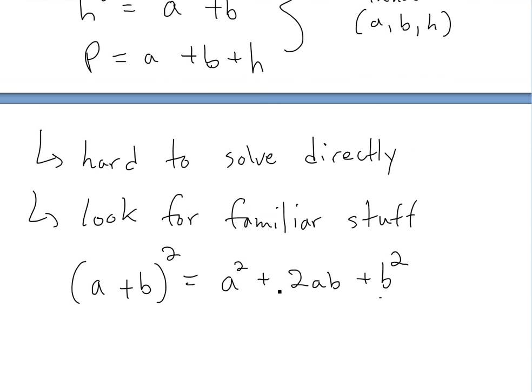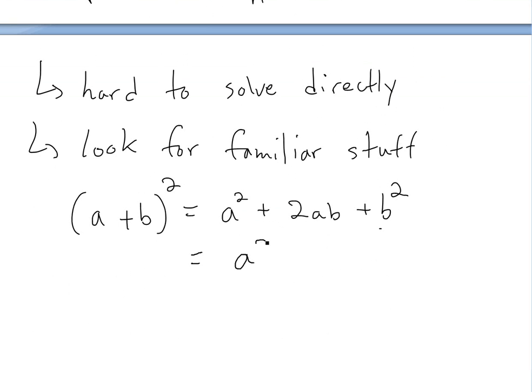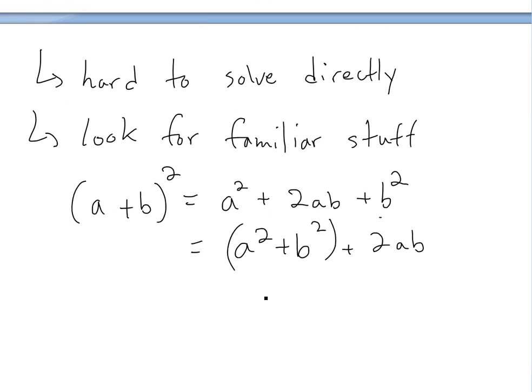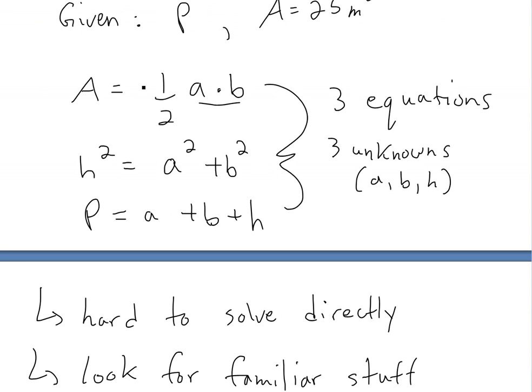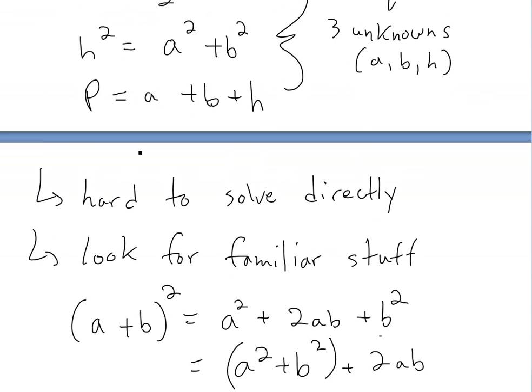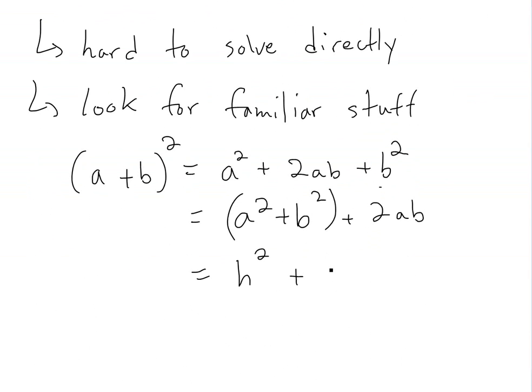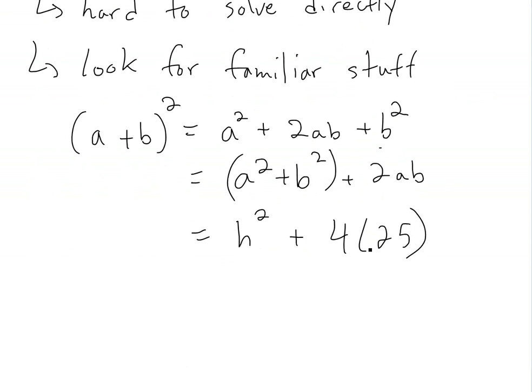The a squared plus b squared is equal to h squared, so this is h squared plus 2ab. Since the area is 1/2 ab, which is 25, 2ab is equal to 4 times the area, so 4 times 25, which is 100. So we write h squared plus 100.